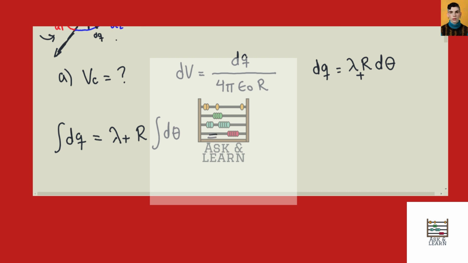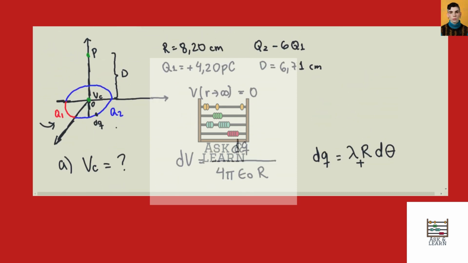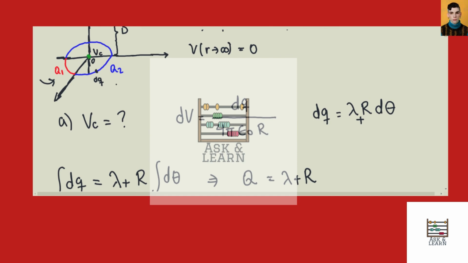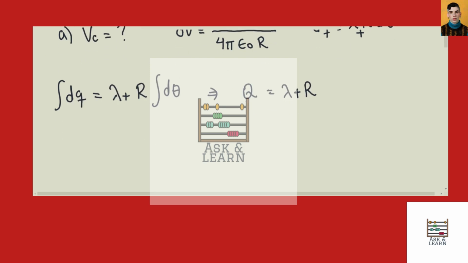The integral of the charge is the charge, which in this case is Q1, but we are calling it just Q. It is the entire charge of this segment, and it is equal to the linear density times R times the angle. Integrating the differential of angle sums all of these contributions. 1/4 of a circle is 2 pi over 4, which simplifies to pi over 2.